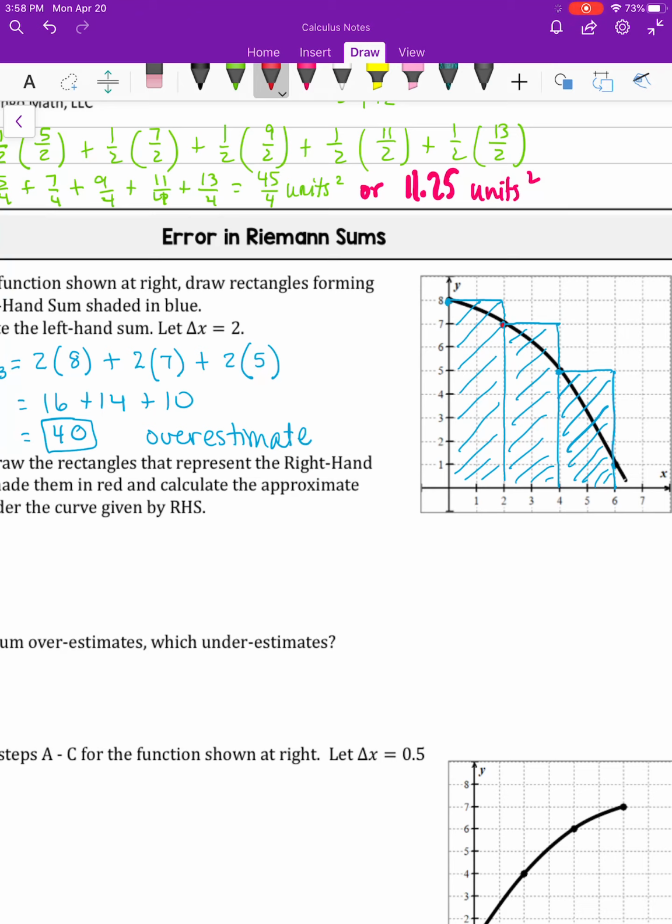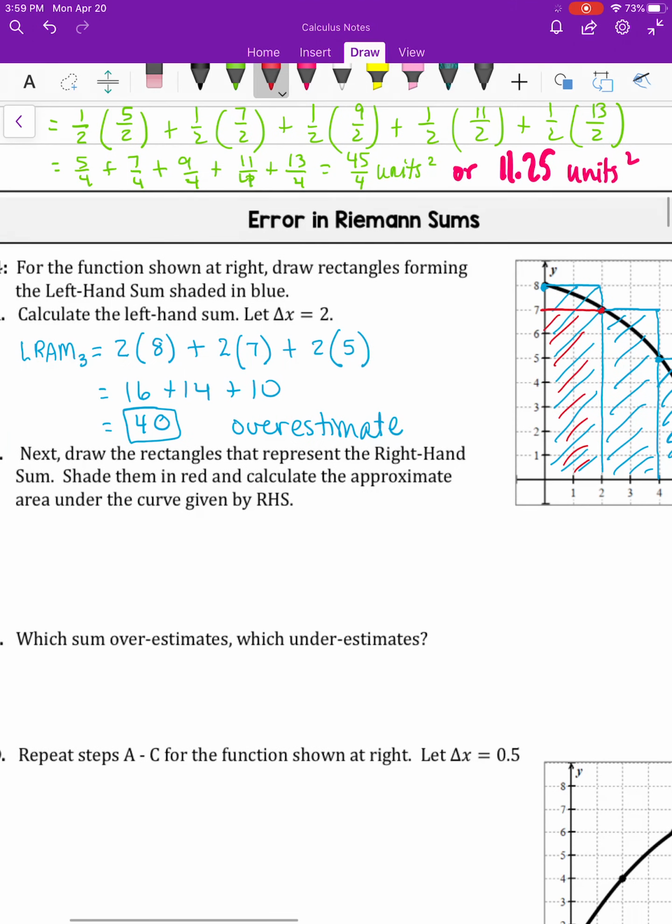Next, we're going to draw rectangles that represent the right-hand sum and shade them in red. So I'm going to get my red one out, and we're going to do RRAM this time. Between 0 and 2, the one that's RRAM is over here. I'm going to go over and shade.